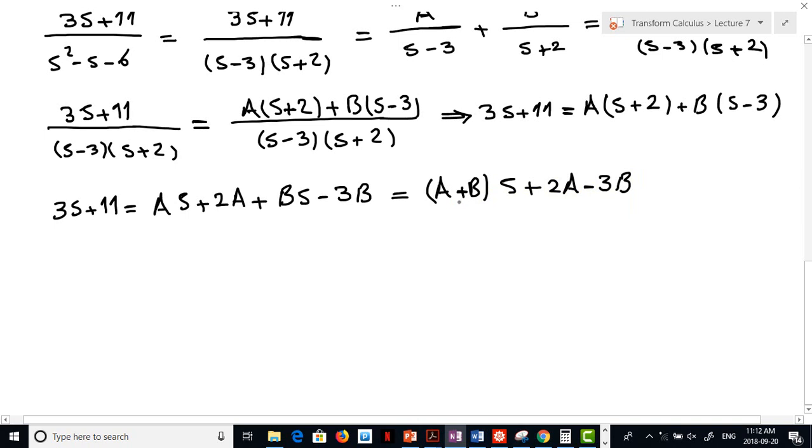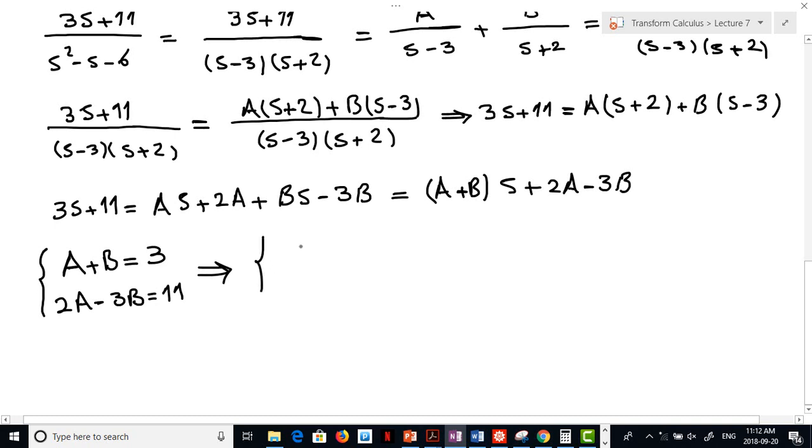If you want these two polynomials equal, A plus B should be equal to 3, and 2A minus 3B should be equal to 11. So now we have two equations, two unknowns. We can easily find A and B.